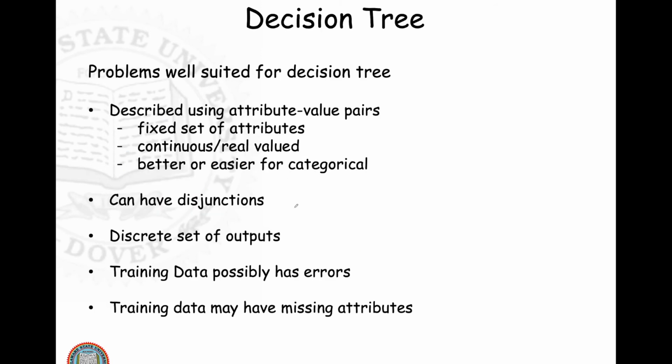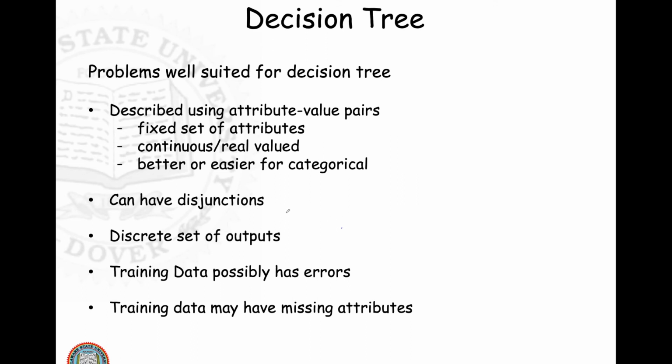And so the types of problems well suited for decision trees are those that are described using attribute value pairs, where you have a fixed set of attributes, and they're either continuous or real valued, works for that too. It's easier for categorical, but with continuous real values, you can just quantize those real values into levels that are descriptive enough for the particular problem at hand.